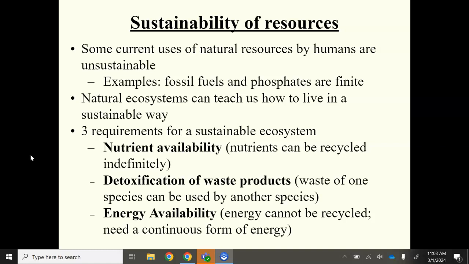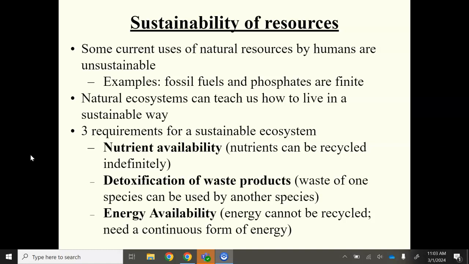We can learn a lot about how to live a sustainable lifestyle if we look at natural ecosystems that are successfully sustainable. In order for an ecosystem to be sustainable, the three things below would have to be met. One, they have to have plenty of nutrients available. We have to get the nutrients into the plants, then cycled through the food chains, and then recycled back to the plants.